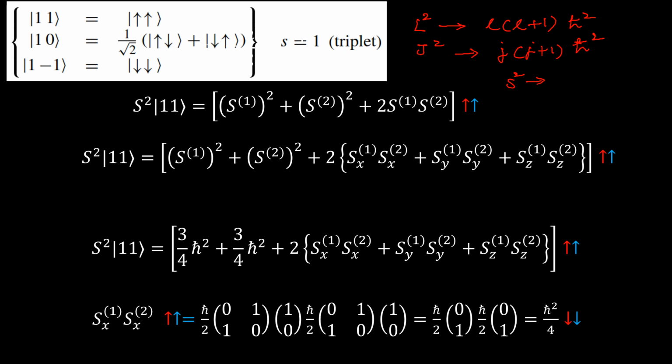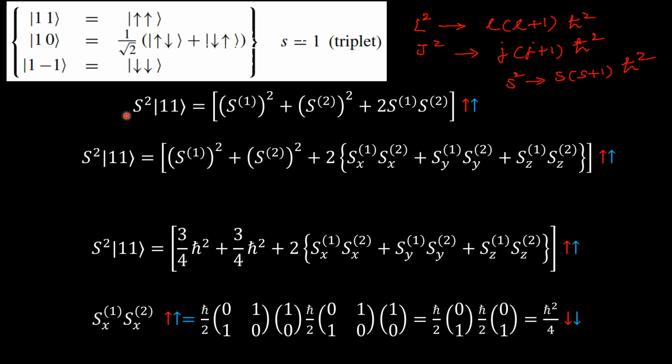The eigenvalue of the S squared operator is s(s+1) multiplied by ħ², because all come under the Lie group, so the same rules are applicable equally for all these operators.